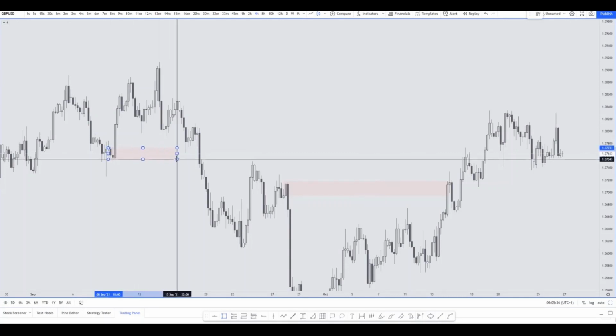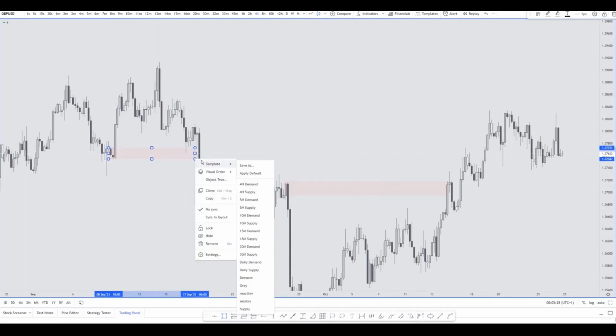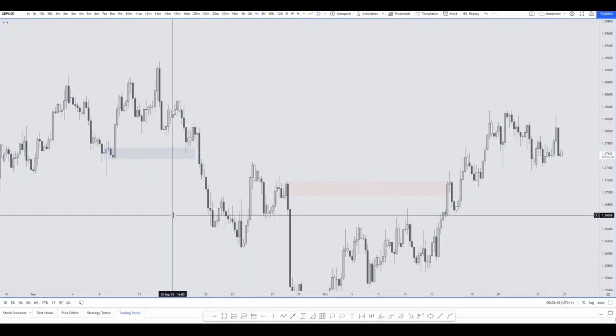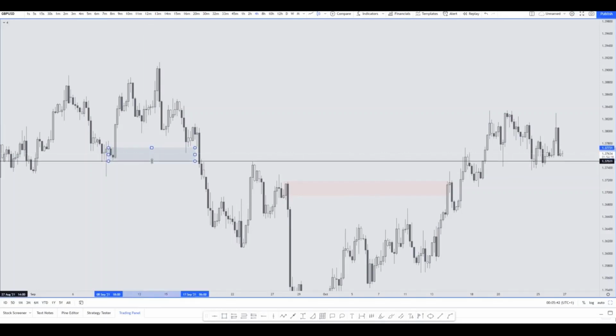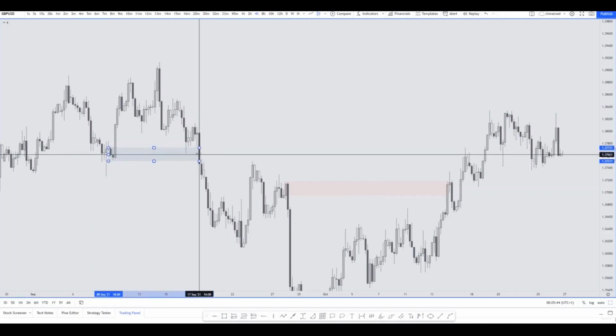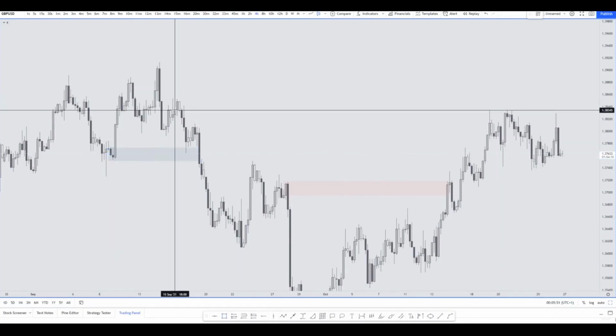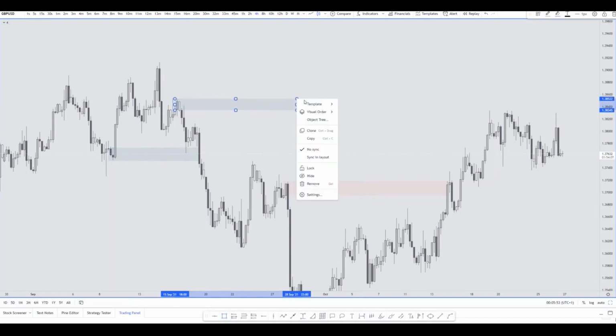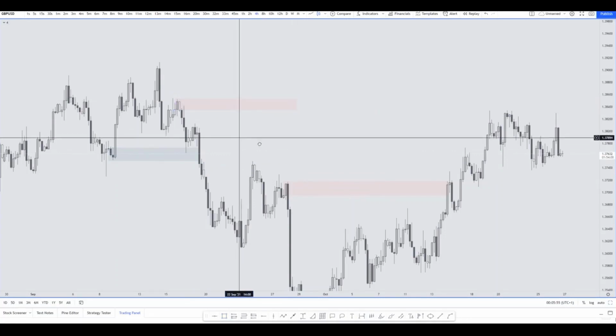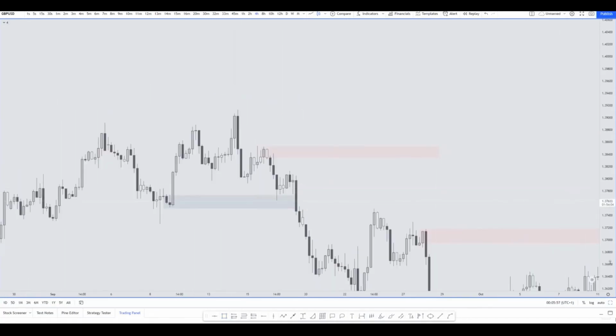And if you're not sure, pull a bigger zone than you need, because you're ultimately going to be playing the reaction off this zone, how it reacts, what took it out. So to give you an example, up here we have your initial supply zone. Now let's take a look at that.